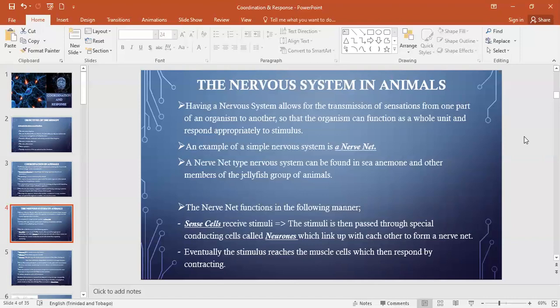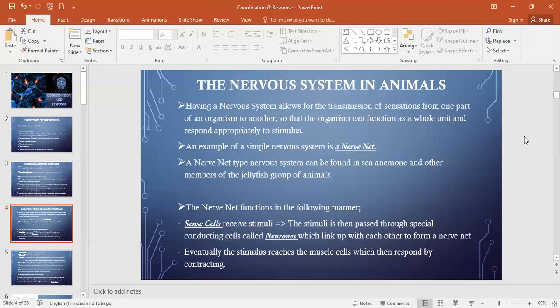All right, they are special conducting cells, but think of them like wires. So it will be passed along these neurons, which link up to each other in a whole network.